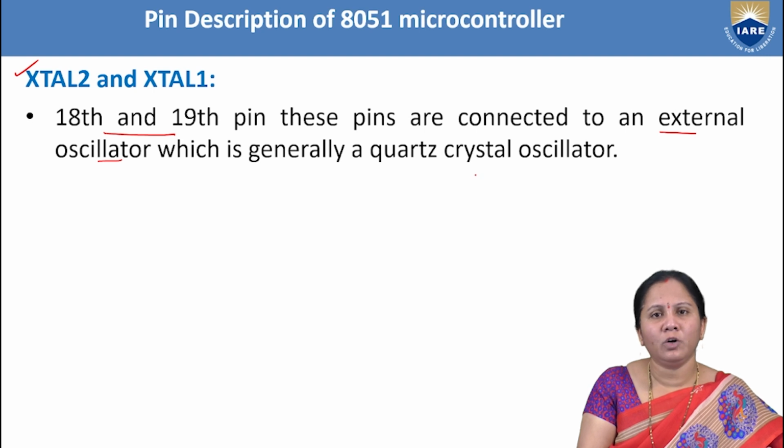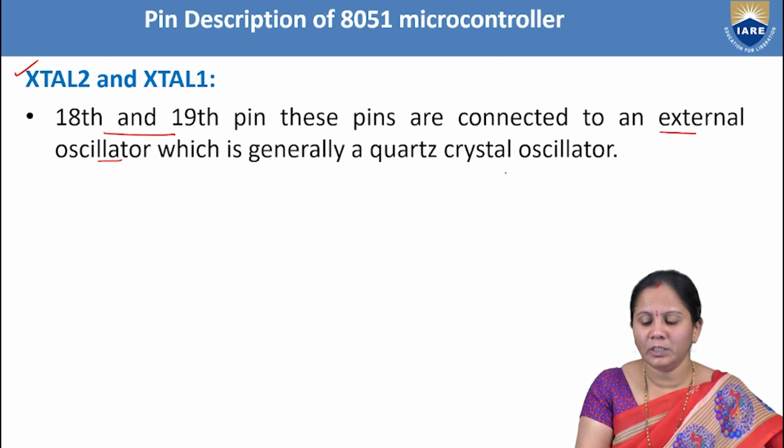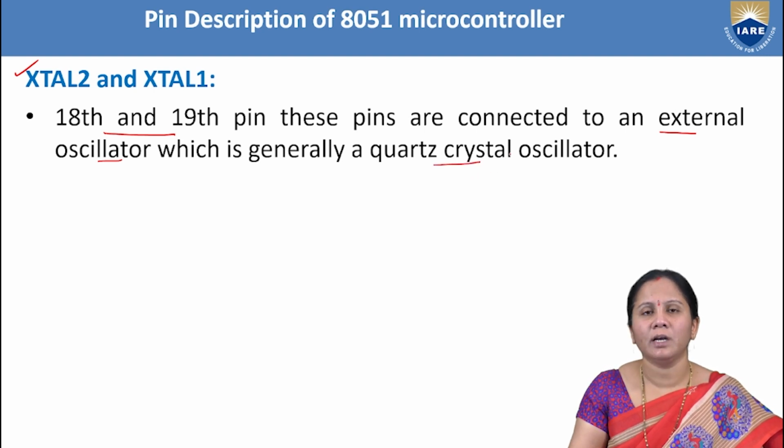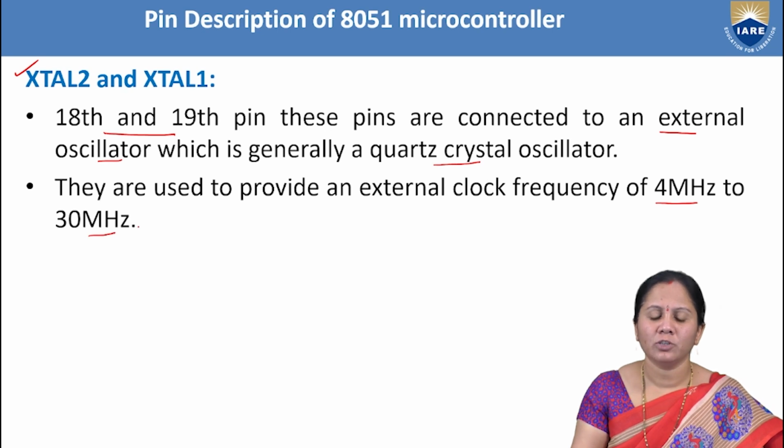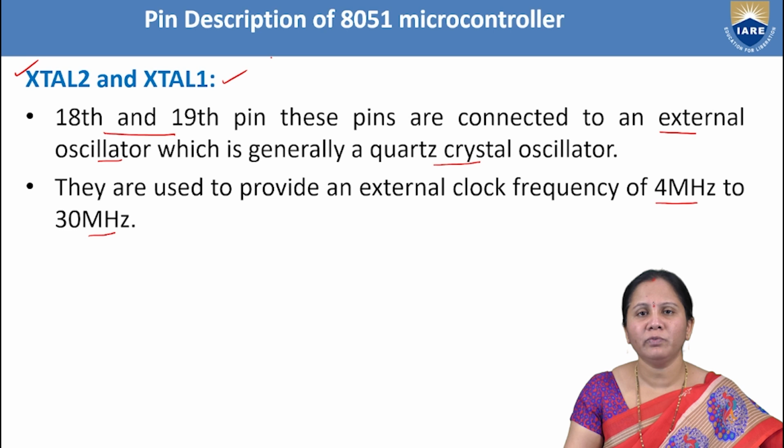Different oscillators are there, but especially these two signals will be connected to a quartz crystal oscillator because it maintains high stability, producing a clock frequency of around 4 MHz to 30 MHz. So the clock frequency will be provided by these two signals with the help of the crystal oscillator.